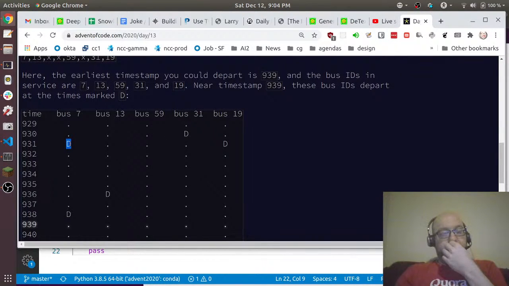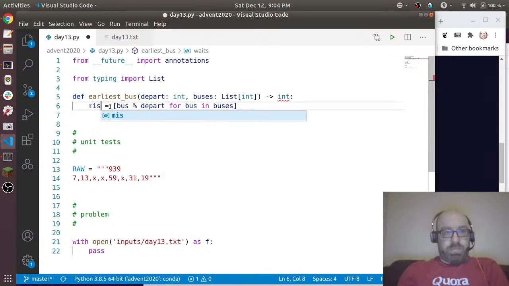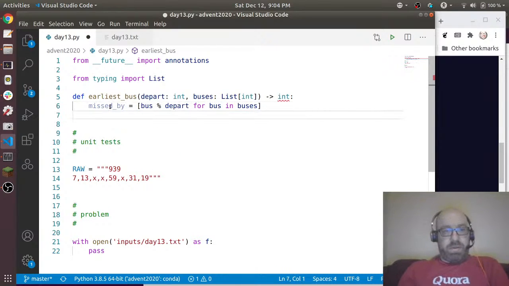Why is this not working for me? So 7 mod 2, so let's say, sorry, missed by.